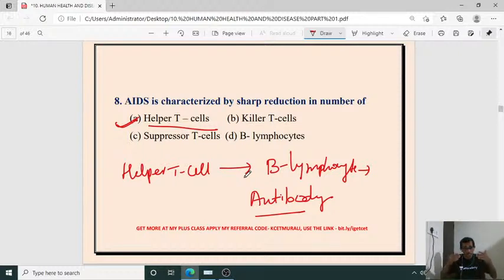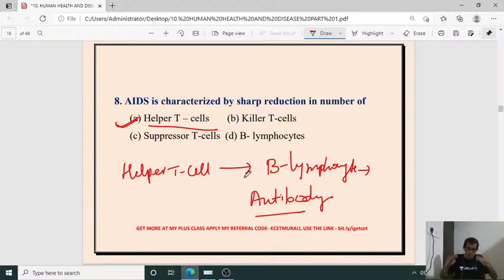So if the helper T cell itself is reduced or controlled, then there is no need of any other action, isn't it? At the first step itself, the helper T cell number is reduced, so there is no provision for giving the information to the B lymphocyte to produce a particular antibody.